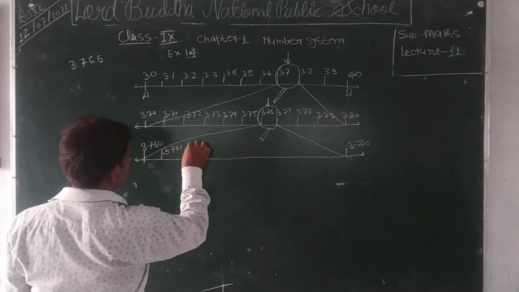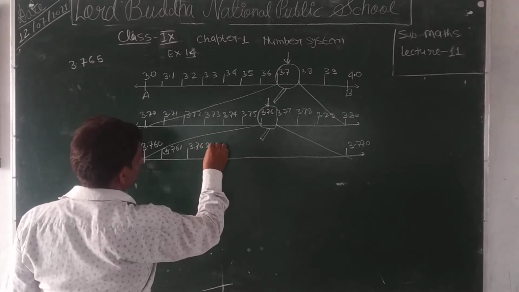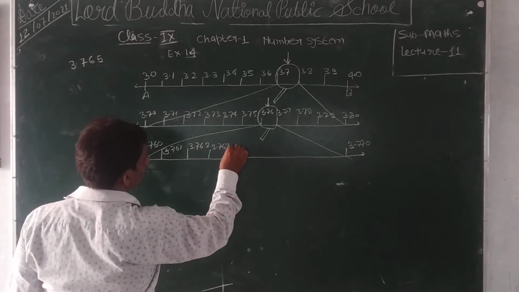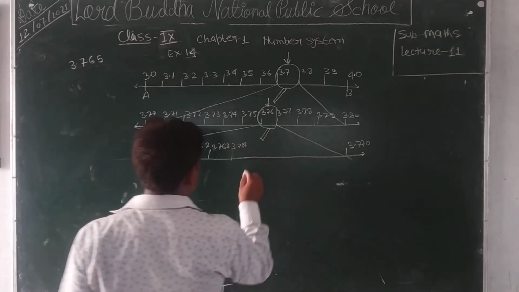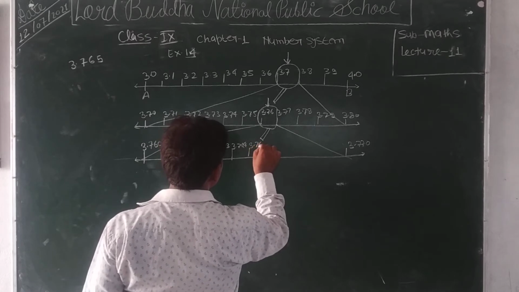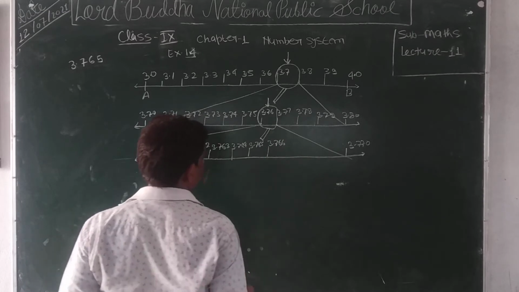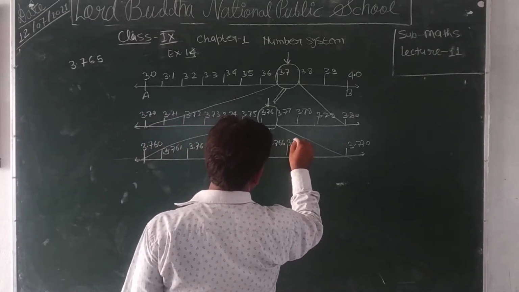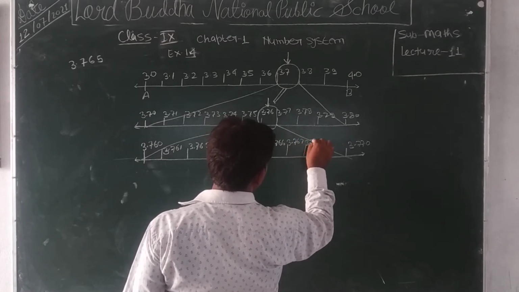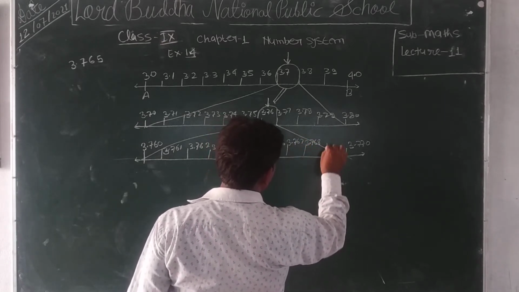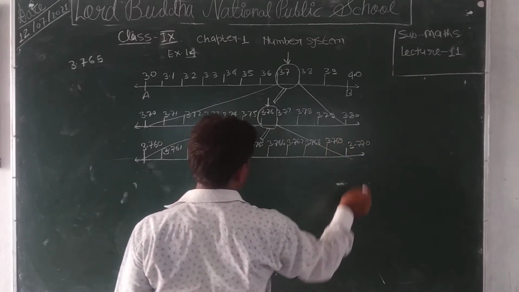Now, the first part will be 3.761. The second will be 3.762. The third will be 3.763, 3.764, 3.765, 3.766, 3.767, 3.768 and 3.769.